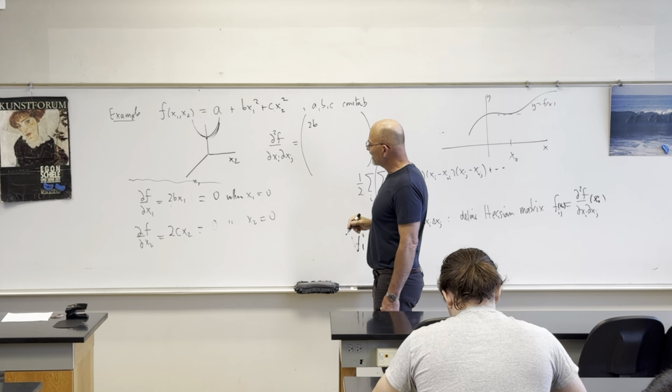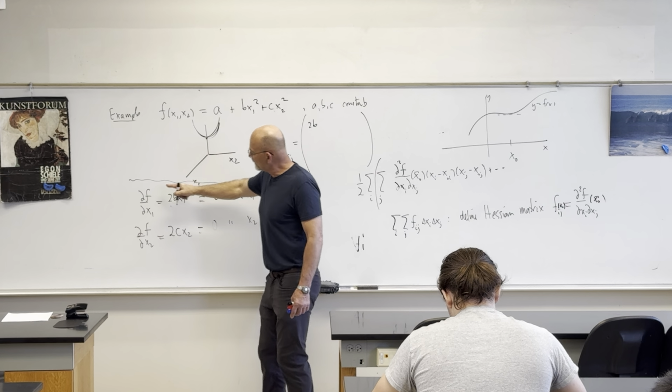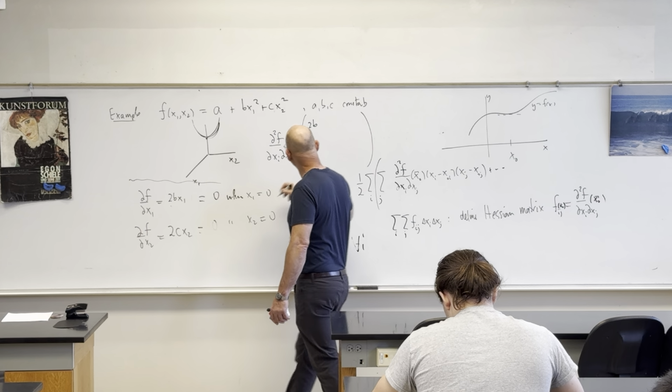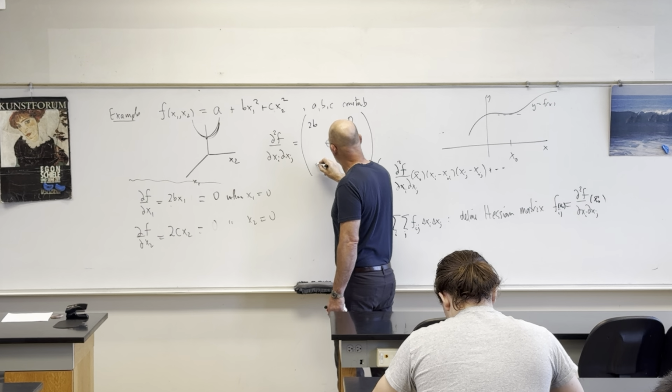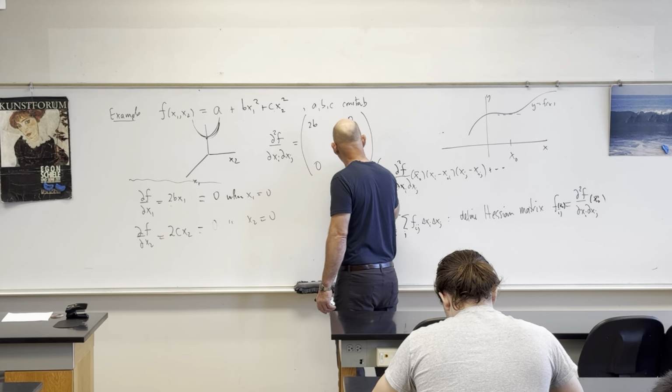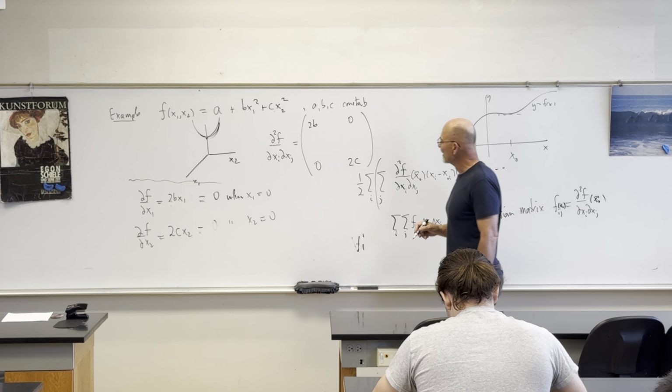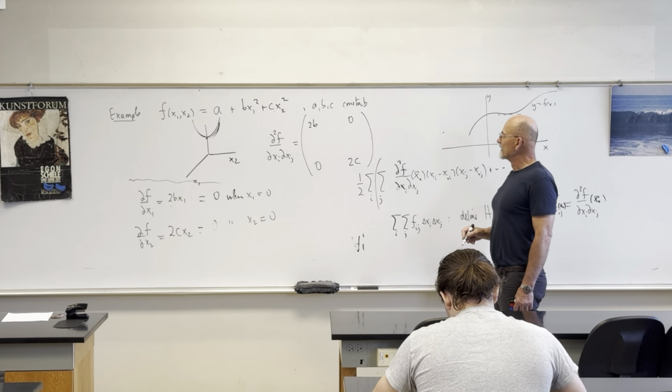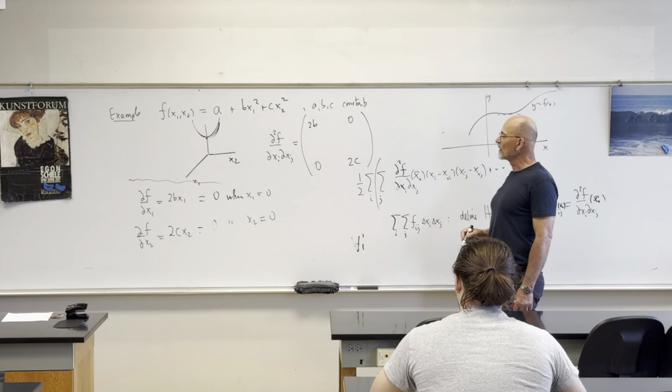The mixed derivatives, d squared f dx1 dx2, are both 0. And the second derivative with respect to x2 is 2c. So now we have a couple of cases.